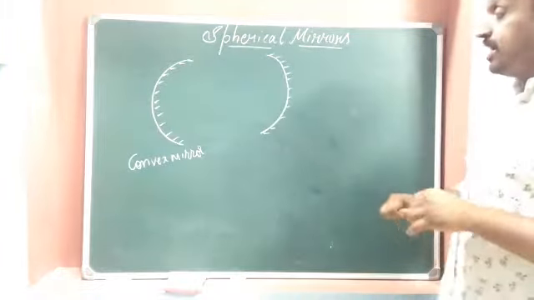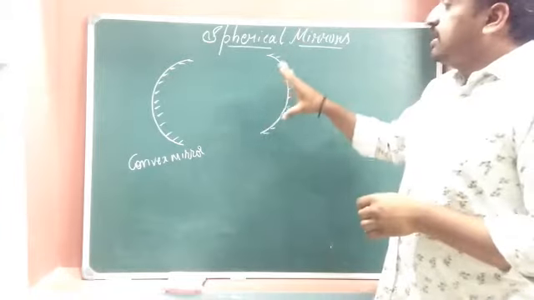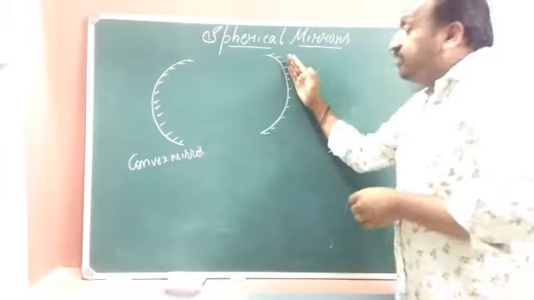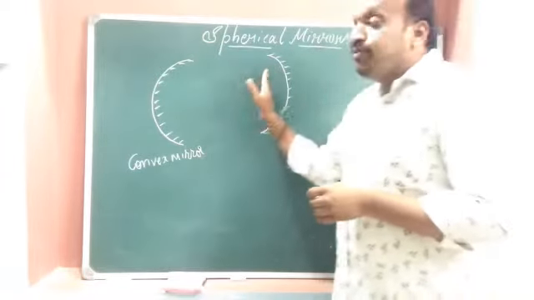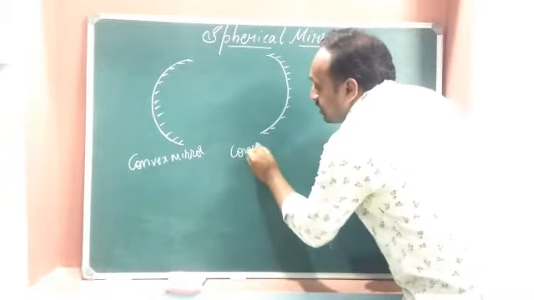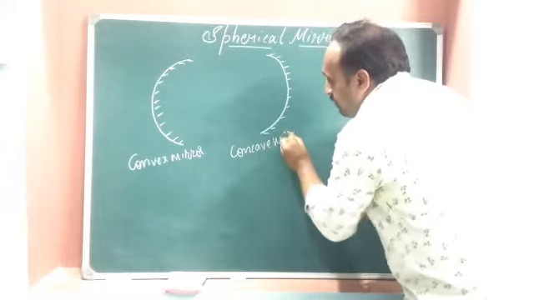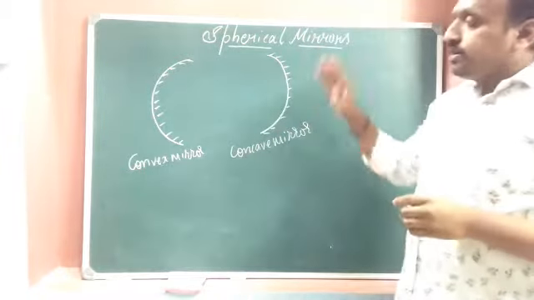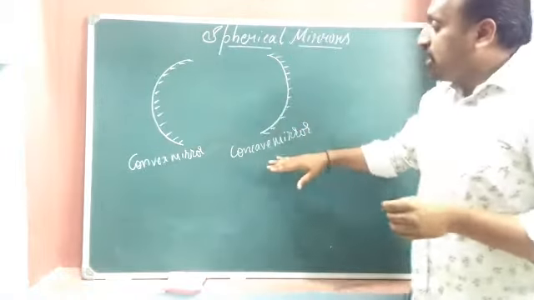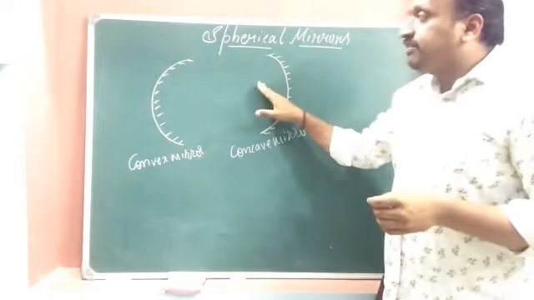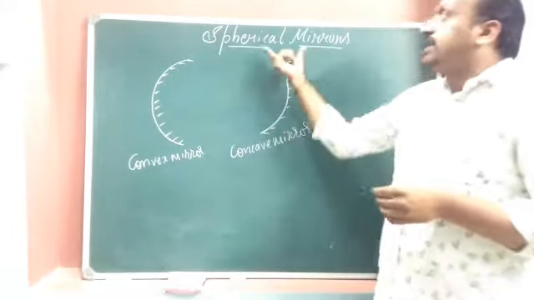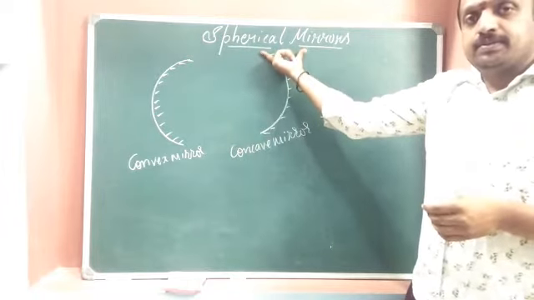Or in another way, if a spherical mirror has the silver surface outside and the reflecting surface inside, we call it a concave mirror. Clear? So convex mirror means reflecting surface outside. In a concave mirror, the reflecting surface is inside. So these two are the types of a spherical mirror.